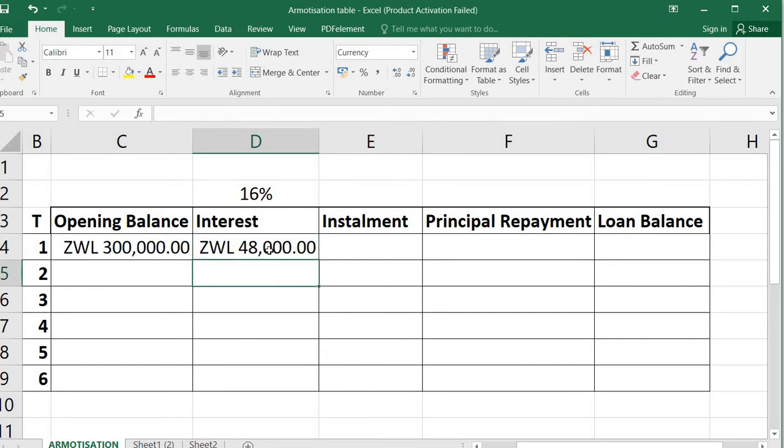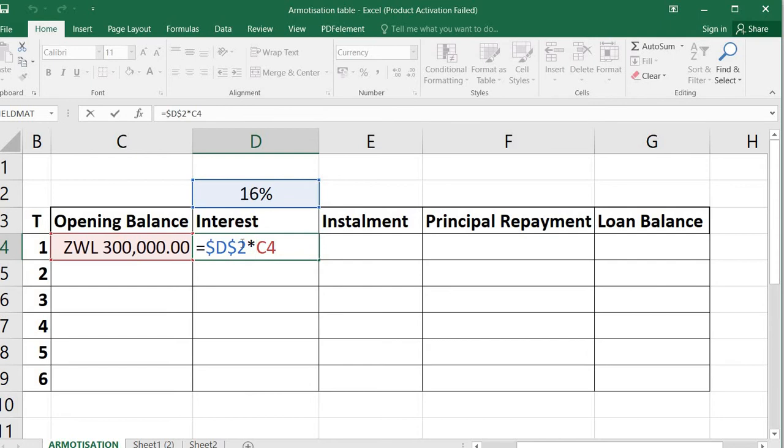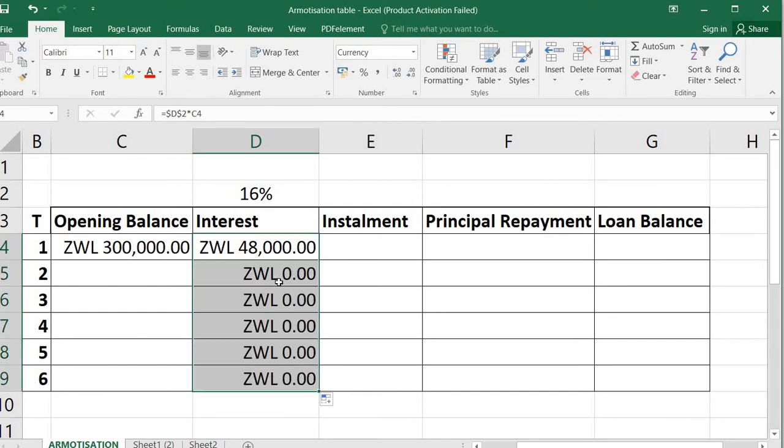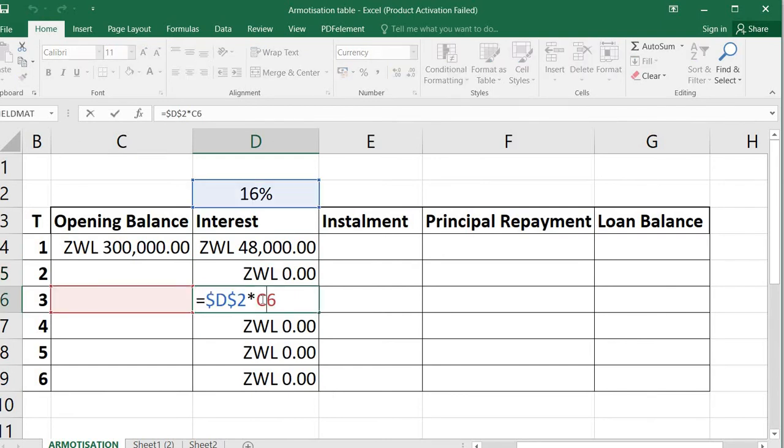Now, this must apply to everything. That's why I fixed that cell, the D2, where we have our 16% interest, which means if I drag there, unfortunately you won't be able to drag in the exam, but if you drag there, it means the interest cell won't move, but this other cell would move.